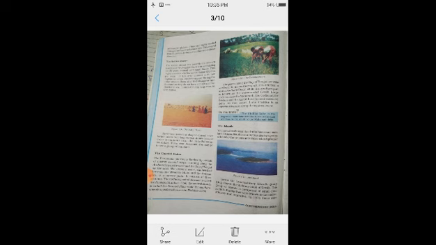This region receives very low rainfall, about 150 millimeter per year. It has arid climate. Climate कैसे है यहाँ का? Arid, with very low vegetation cover.